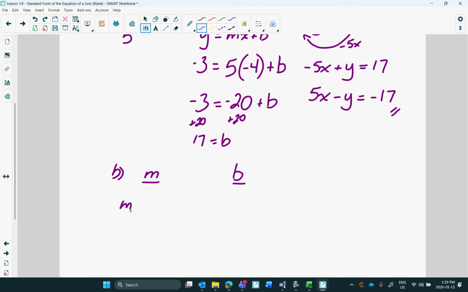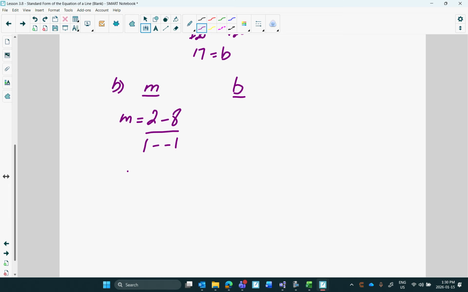So to find the slope, I do the second y, 2, minus the first y, 8, over the second x, 1, minus the first x, which is -1. And I get -6 over 2, which is -3.